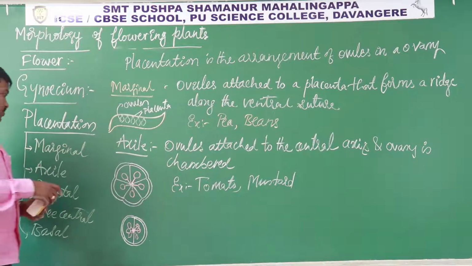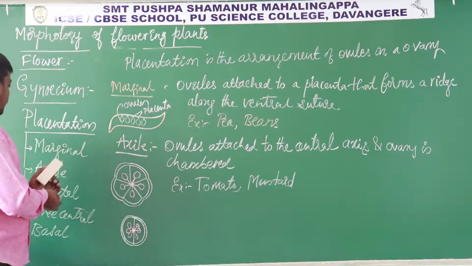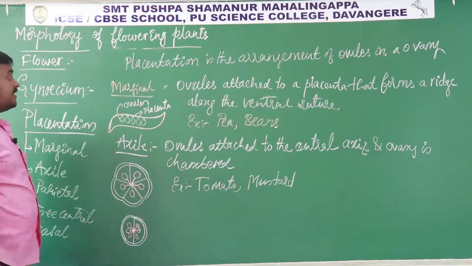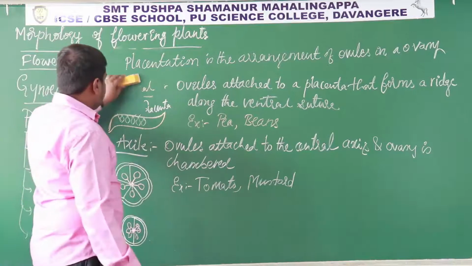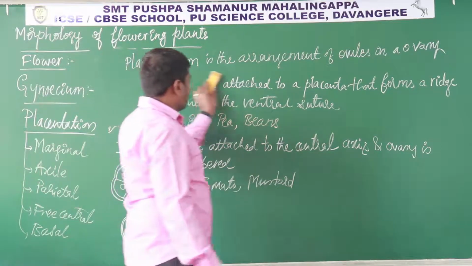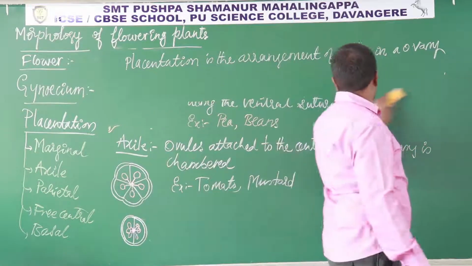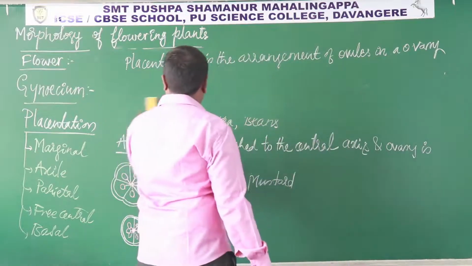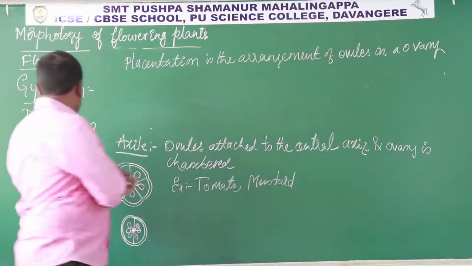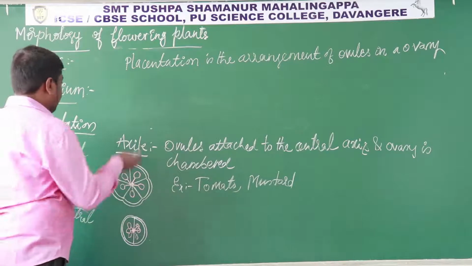Okay, so similarly, similar to that axial placentation, free central is also there. So free central and axial have one small difference. Okay, let's come to the free central, then go to the parietal.